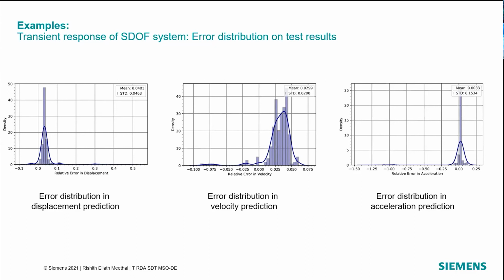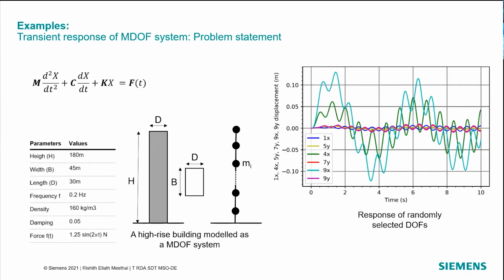Now we attempted the same algorithm for a multi-degree of freedom system. So in this case, we have tried an actual practical case where we model a high-rise building as a multi-degree of freedom system. Normally, high-rise buildings under a wind load are analyzed using multi-degree of freedom systems.